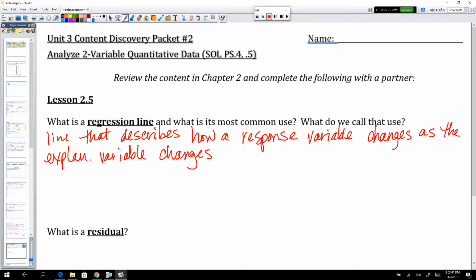Okay, that's what a regression line is. Basically the line that says as your input changes, how does your output change? And of course we've seen that as y equals mx plus b in the past. We've got a slope to it and a y-intercept, and that describes the change. Now, we're going to look at a slightly different form in a minute here, but keep those lines in mind.